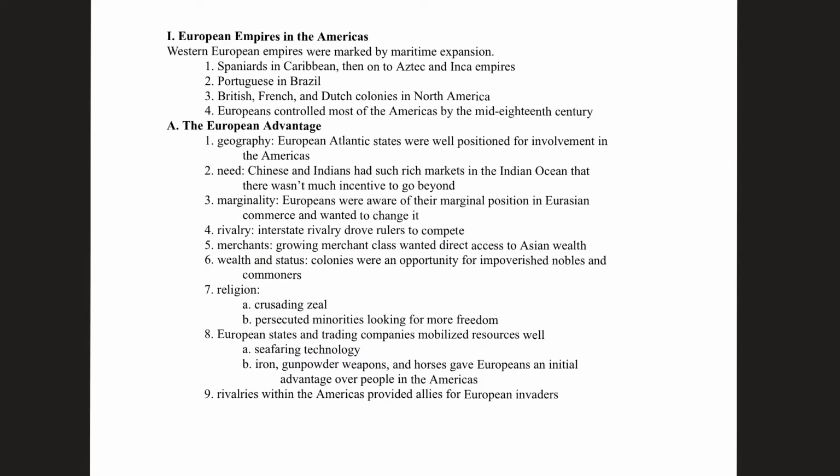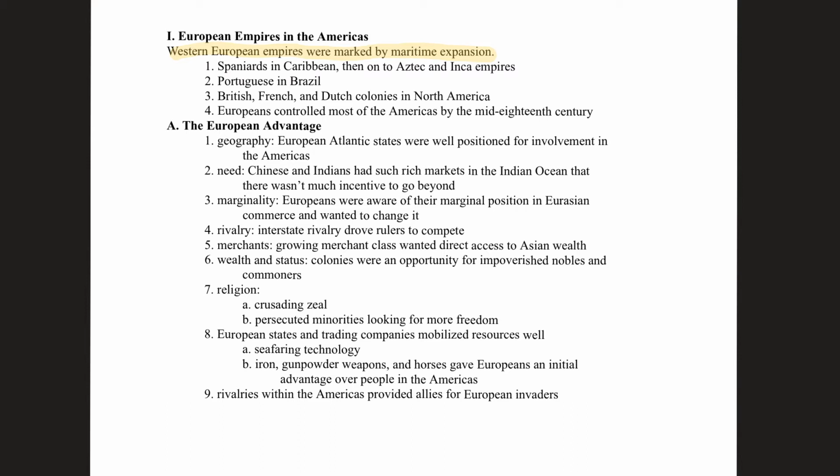So, to start off with the Europeans and the Americas, because this is going to be what you're most familiar with, the European empires are going to be marked by maritime expansion. This means that they have to get on a boat and sail a distance across oceans and seas in order to expand. During the Middle Ages and even before, these European countries figured out that if they want to expand, they're not going to be able to do so within Europe.